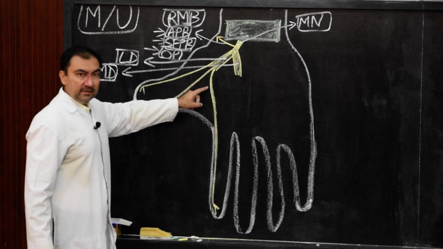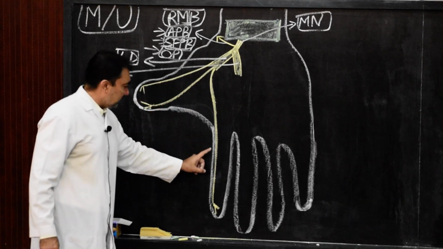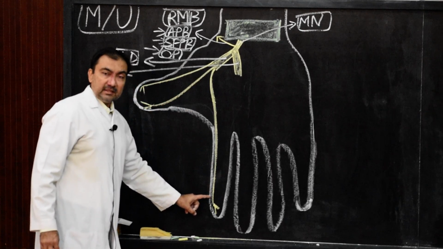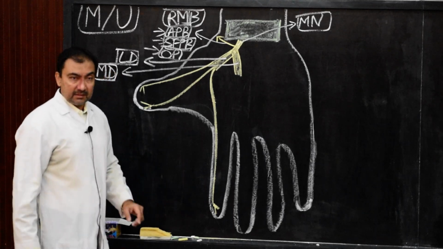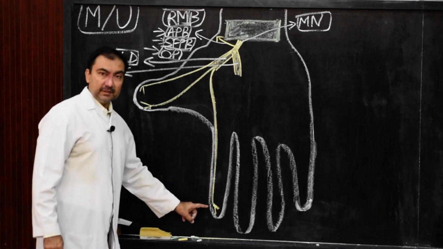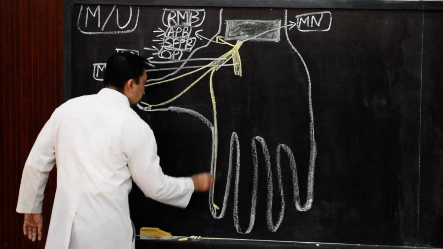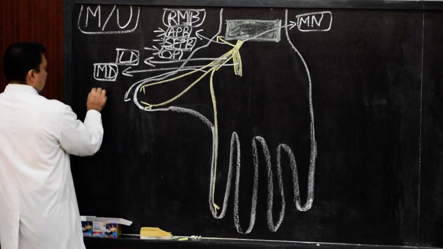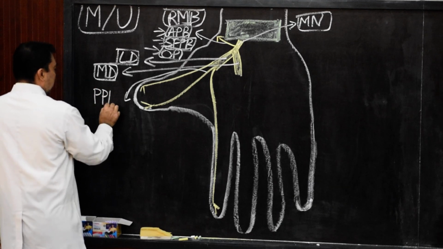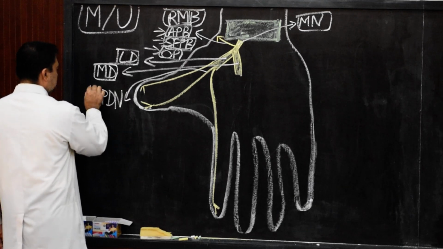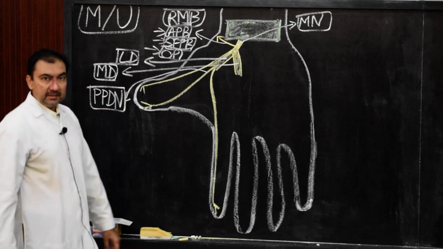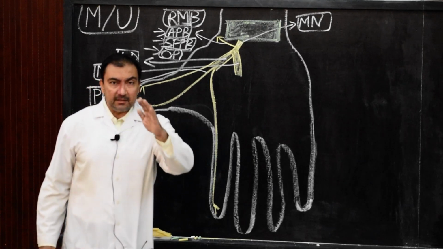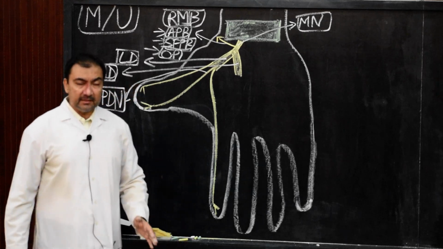These 3 will supply either side of the thumb and the radial side of the index finger or lateral border of the index finger. Please note down, these 3 are known as the proper palmar digital nerves.